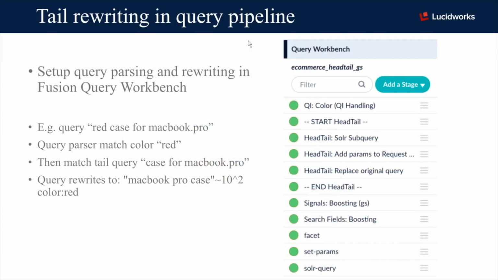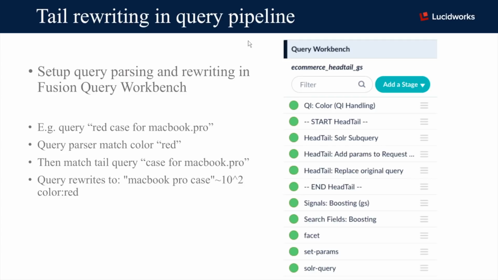And the search engineers can apply the tail query rewriting part at query time using Fusion's query workbench. For example, a query parser can be set up to find color, brand, and number, then apply special treatments that are similar to the suggested rewritings. If after dropping color, brand, and number, an incoming query matches any tail queries in the rewriting list with reason codes such as other specific, other rewording, then we can apply the suggested rewriting where different parts of the query get boosted.